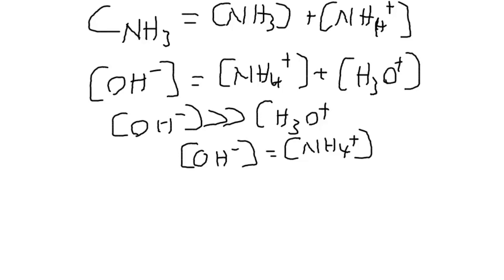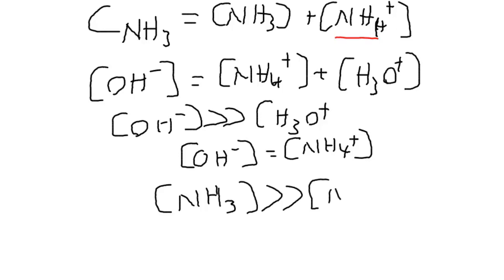Another approximation we can make is that since the Kb value is very small, very little of it is going to make NH4+. So that's going to be small. So we can say that the concentration of ammonia at equilibrium is going to be much greater than the concentration of ammonium.